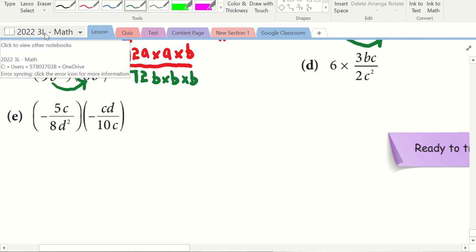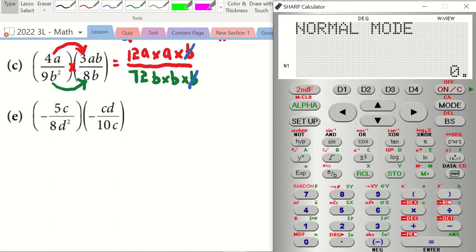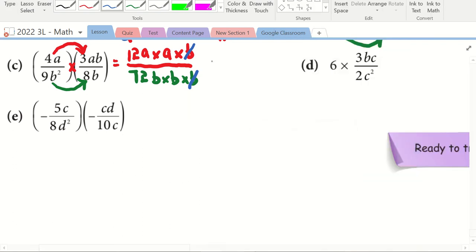Yes, b. So I reduce the b. I cancel one, I cancel one. But there is a number, 12 over 72. Alright? So, 12 divided by 72. 1 over 6. So I write 1 on top and I write 6 below.